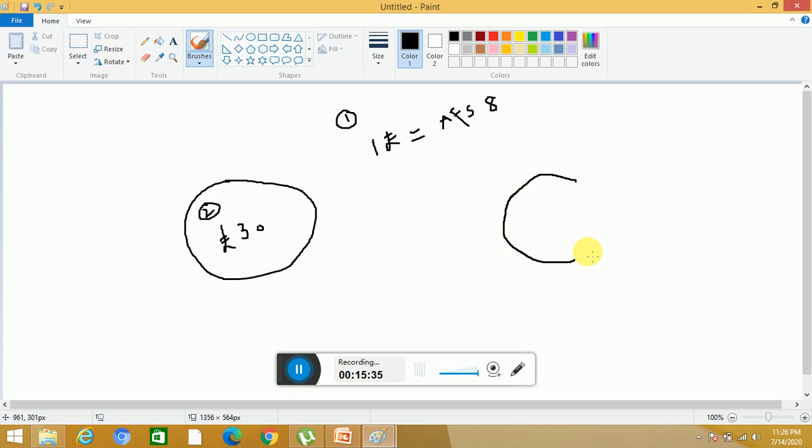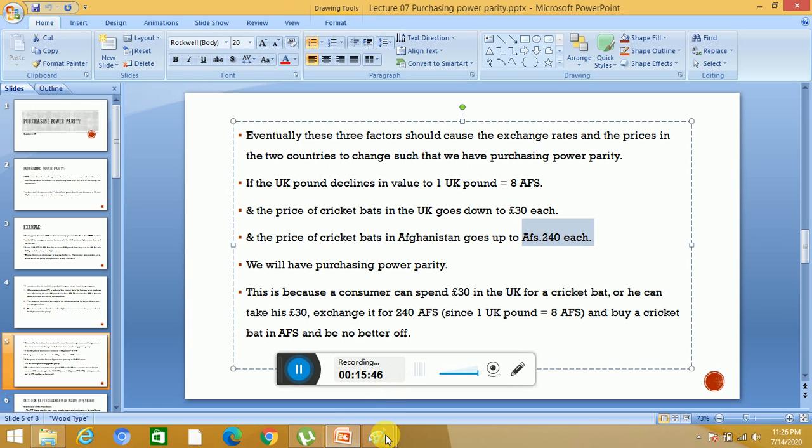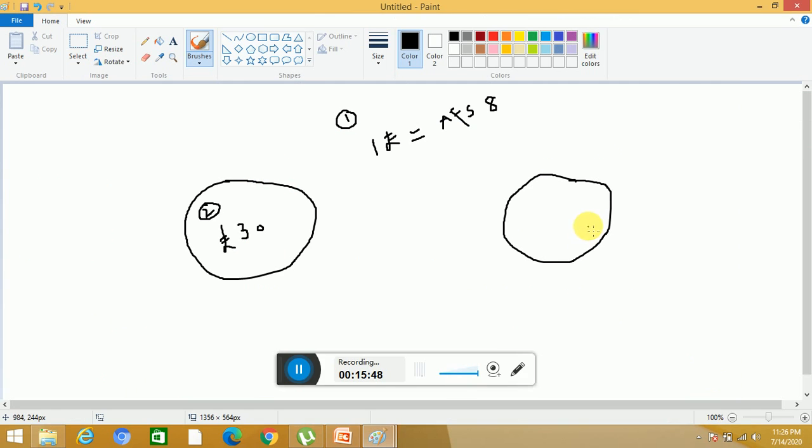The third thing that will happen, the price of cricket bats in Afghanistan goes up to 240 Afghanis. Previously it was 150 Afghanis, but now it goes up to 240 Afghanis. This is the third thing that happened. So three things happened. The exchange rate changes.